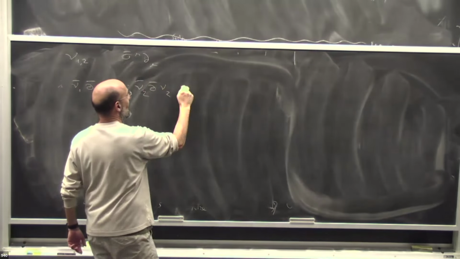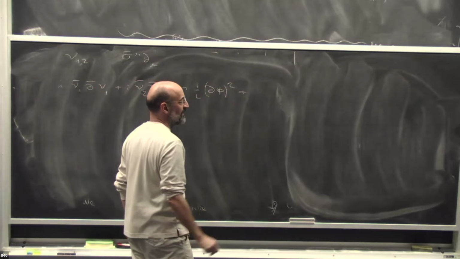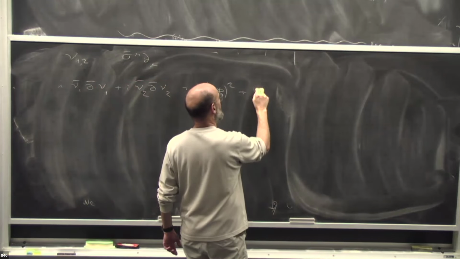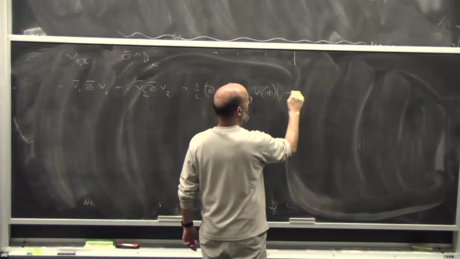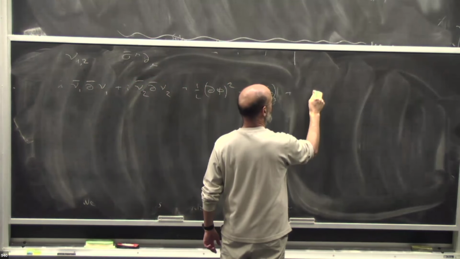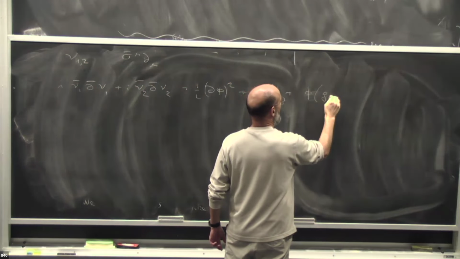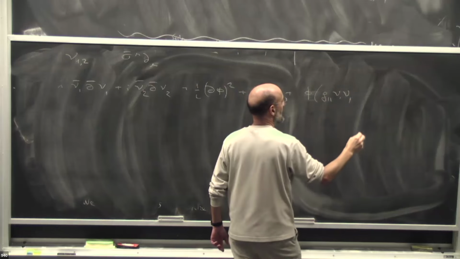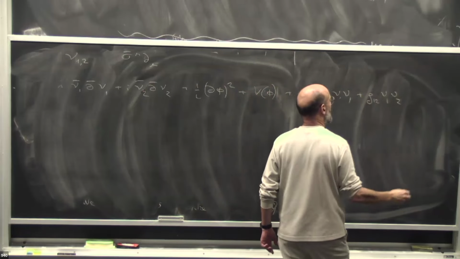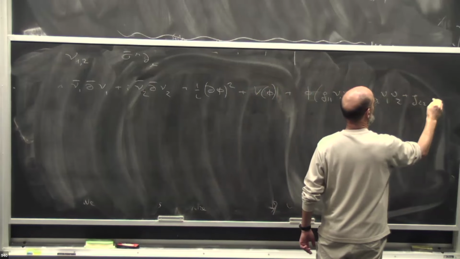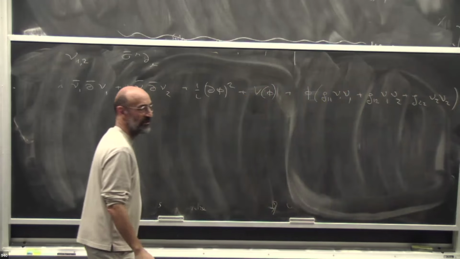And let's say there's also a scalar, a real scalar that may have its own potential, it doesn't matter. And then there are Yukawa interactions: phi times G11 U1 U1 plus G12 U1 U2 plus G22 U2 U2. So these are Yukawa interactions of all these types.